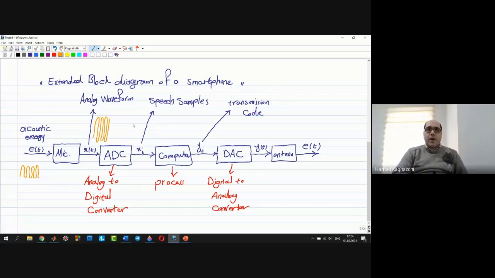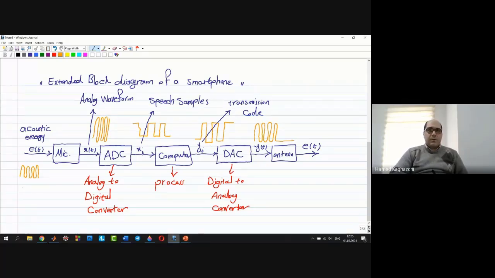Here you have the digital form of the signal. Again, here you will have digital form, but with some information included in this form of the signal. And here again you will have an analog signal, which is a different type of energy.